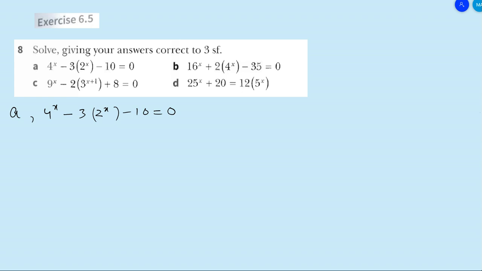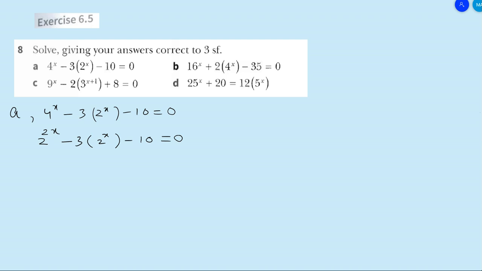First we have to write this 4 to the power x as 2 to the power 2x, right? Minus 3 into 2 to the power x minus 10 is equal to 0, because 2 to the power 2 is 4.